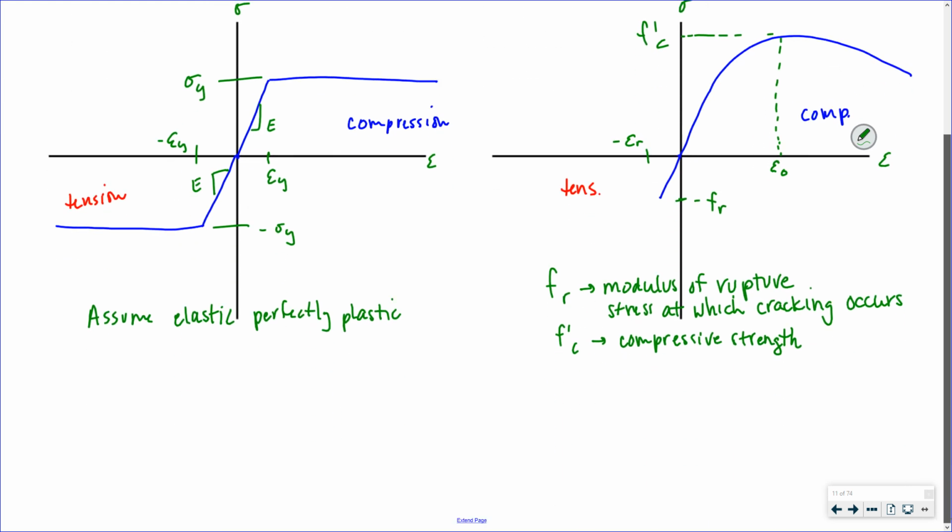That is the strain associated with the compressive strength, and epsilon naught is about equal to 0.002 for normal weight concrete.